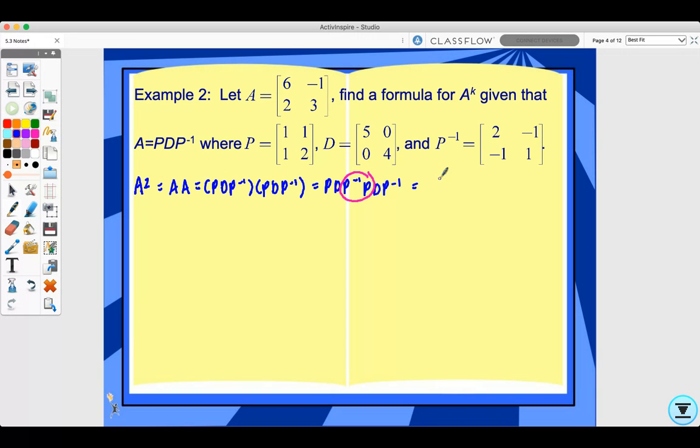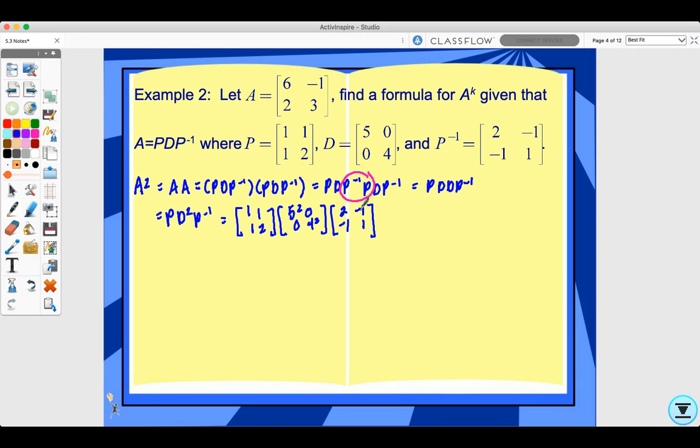So this would then be P D D P inverse, which is the same thing as P D squared P inverse. And since we know that D squared would be 5 squared, 0, 0, 4 squared, we could write this as 1, 1, 1, 2 times 5 squared, 0, 0, 4 squared times P inverse, which was 2, negative 1, negative 1, 1.